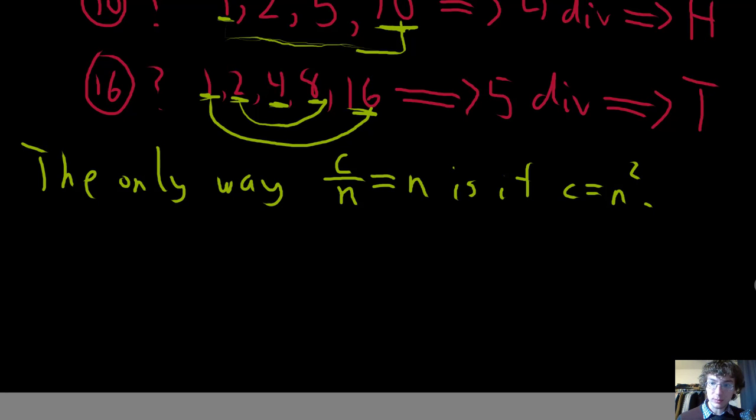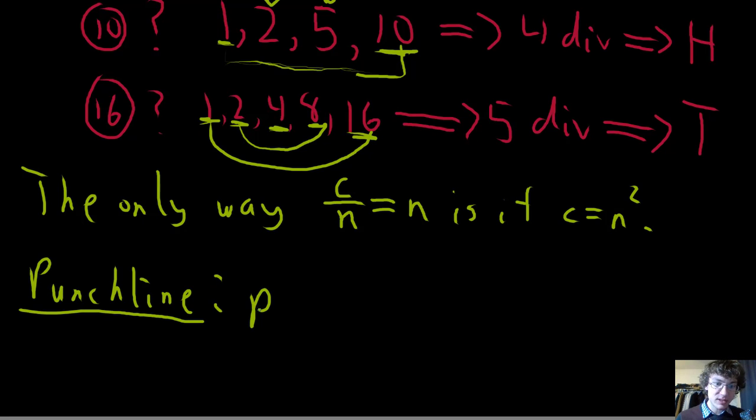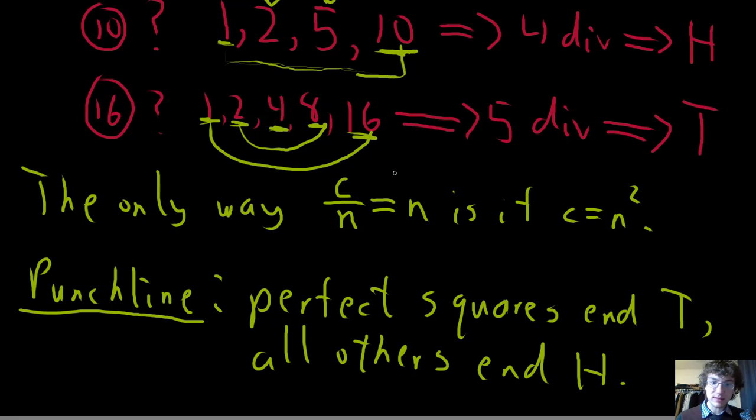So we haven't really completely checked this, but I'll leave this to you and just tell you the punchline. The punchline is that perfect squares end on tails up because they have this repeated divisor, and all other coins will end on heads. So if you really wanted to answer the question as phrased, which asks you to list all of the ones that end on tails, you just have to list all of the perfect squares between 1 and 100.